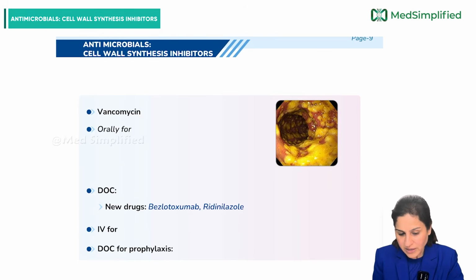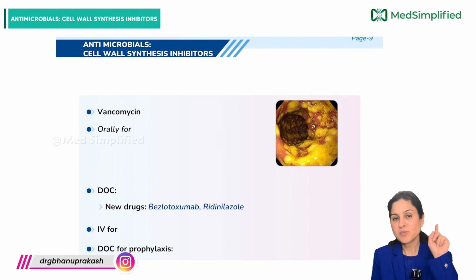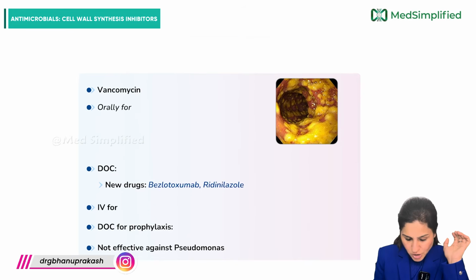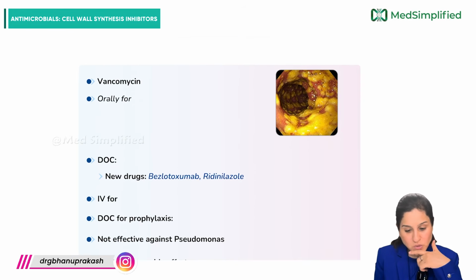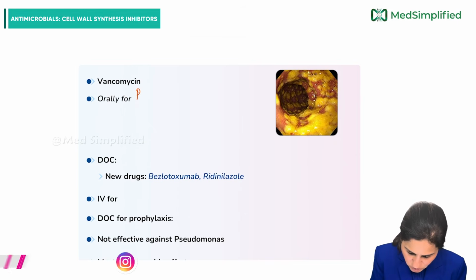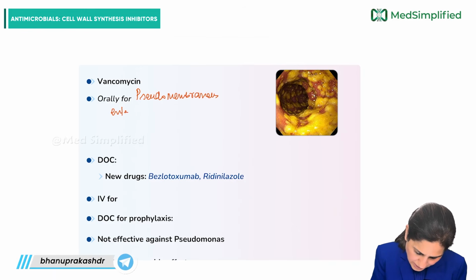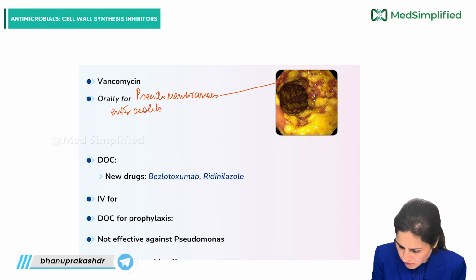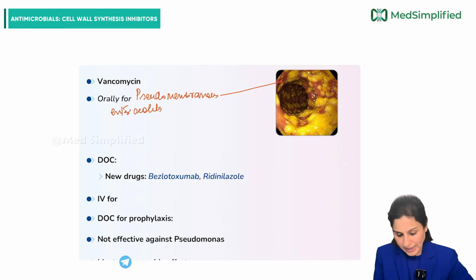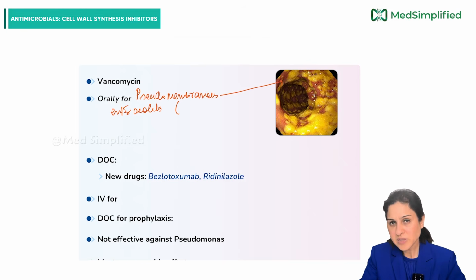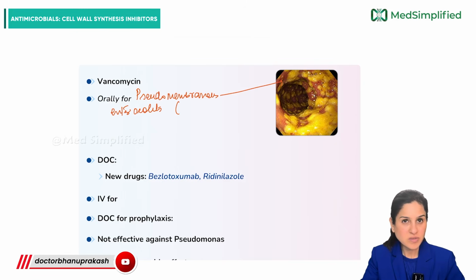All right. Coming to another very important topic, it is vancomycin. Vancomycin was blocking the step just before the beta-lactams. So where do you think we can use it? It is used only in a condition called pseudomembranous enterocolitis. This is a picture which shows pseudomembranous enterocolitis. It is an opportunistic infection or superinfection caused by the organism Clostridium difficile. So which drugs have more tendency to cause this infection?